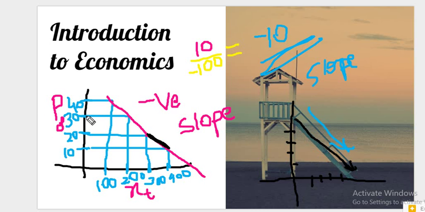Okay, and I have deliberately chosen very simple numbers over here, and this is what is called a linear curve. Okay, it is linear because these are simple numbers, these are not fractions, so these are not exponents. Okay, it's a straight line, and that is why it's linear, it's a linear slope.